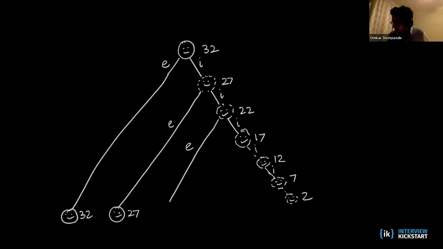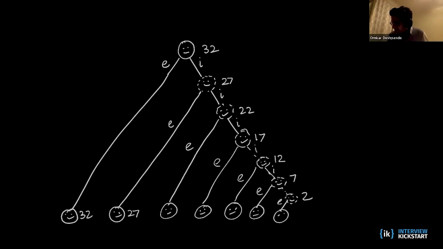So exclude, exclude, exclude, exclude. So this would be 22, 17, 12, 7, 2.